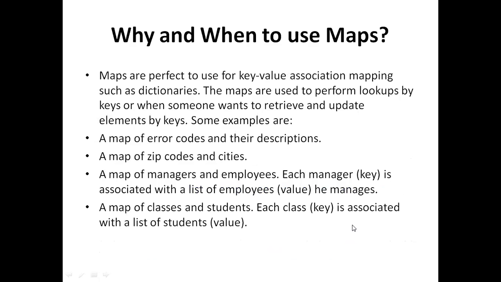When and why do we have to use maps? Maps are perfect to use for key-value association mapping, such as dictionaries. For example, in a dictionary, if I want to know the meaning of the word like, what will I do? I will check the index.